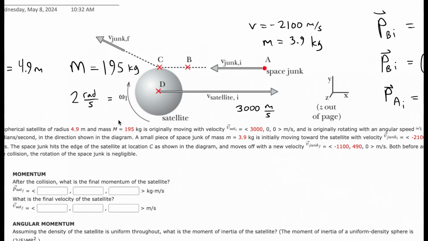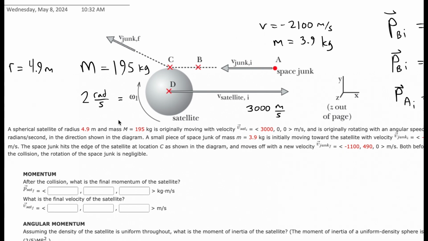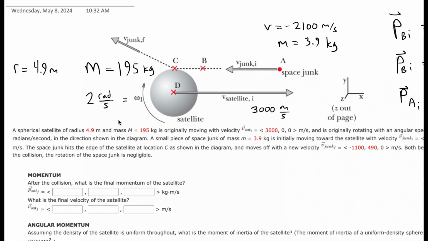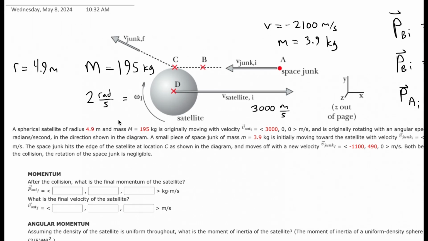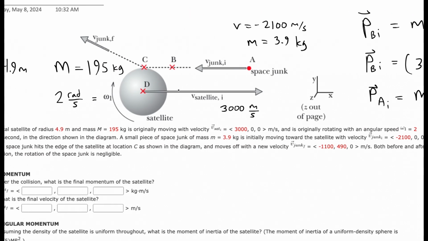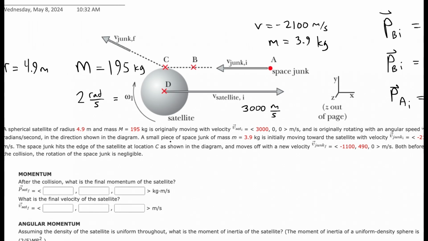Okay, now what we should also do is let's find the angular momentum of the space junk about the satellite, and let's find the angular momentum of the satellite too. So you have to pick a point about which you want to calculate the angular momentum, right?